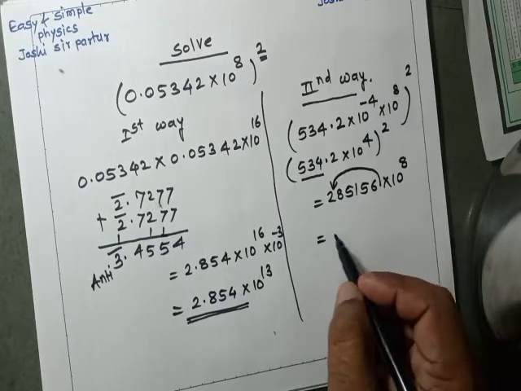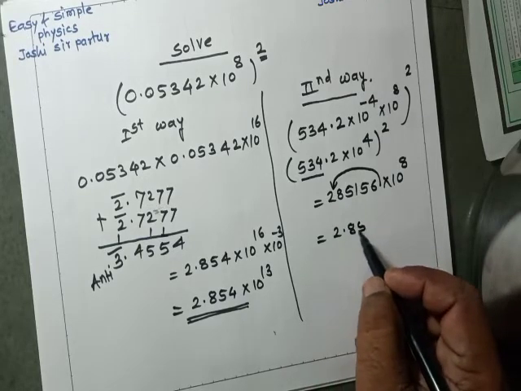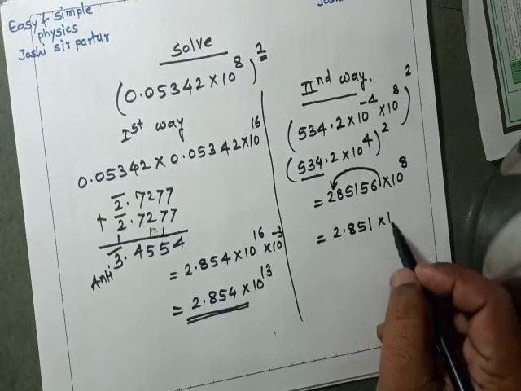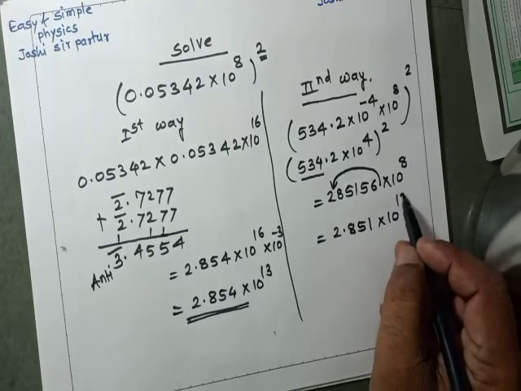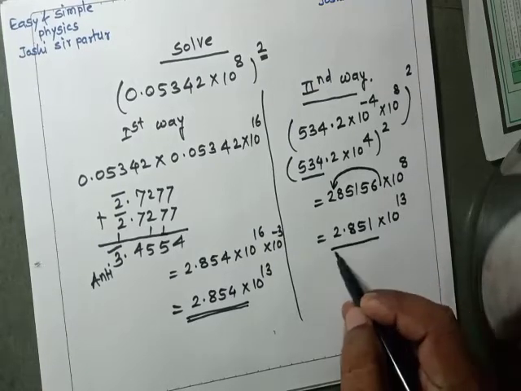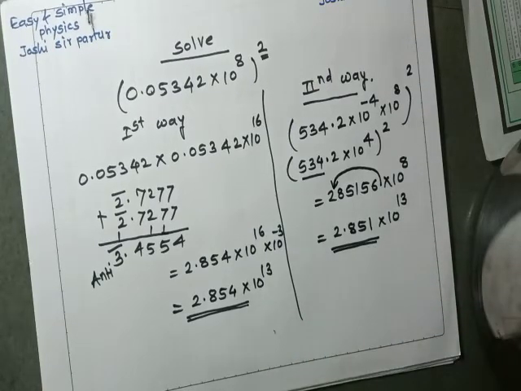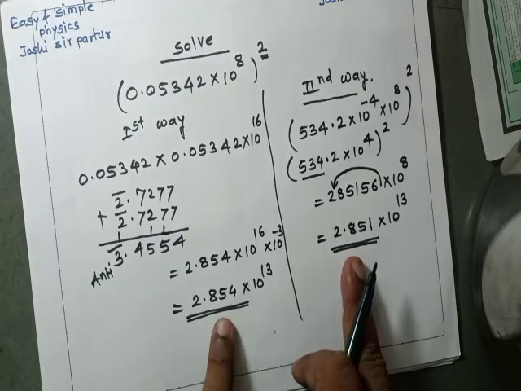So we can see that 2.851 into 10 to the power 5 and 8, that is 13. So your answer will be 2.851. That will be the answer, which is approximately similar in both ways.